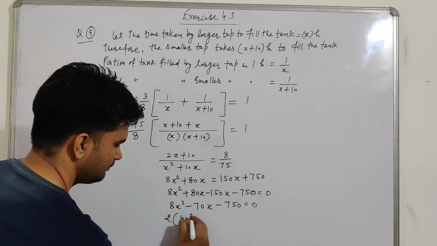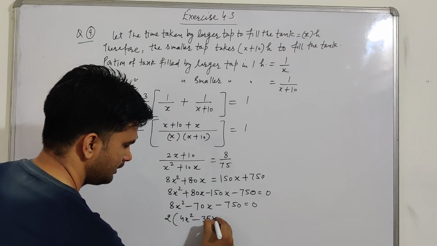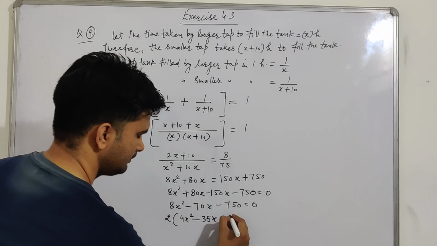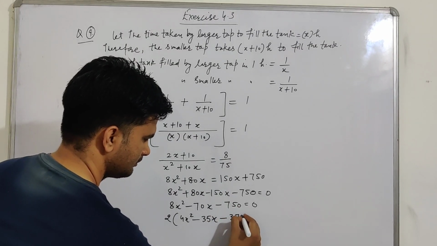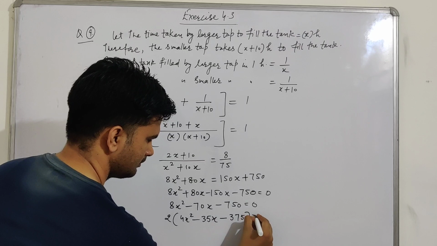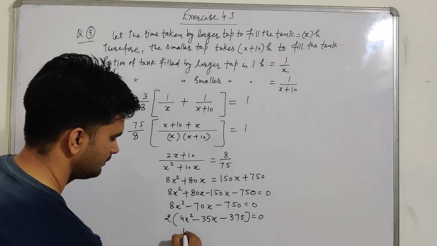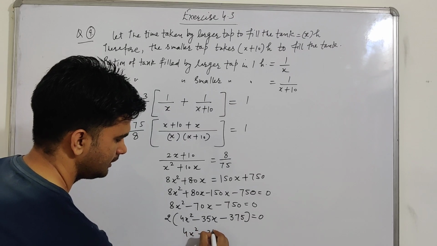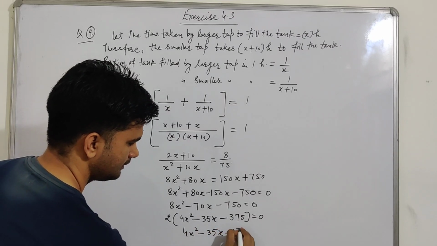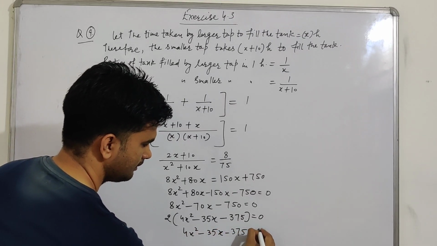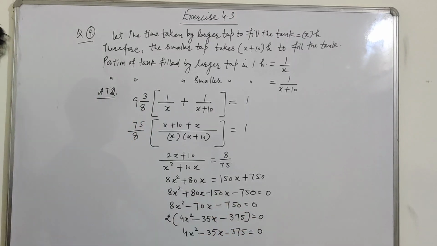So it will become 4x square minus 35x minus 375, and 0 upon 2 is equal to 0, so no need to write it.